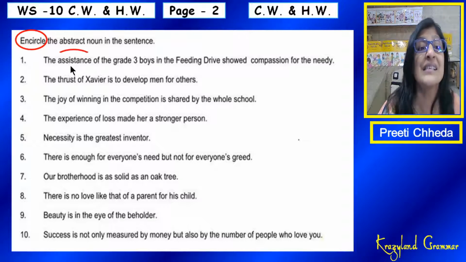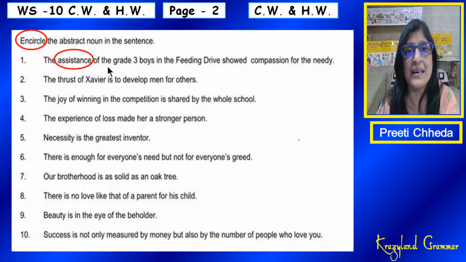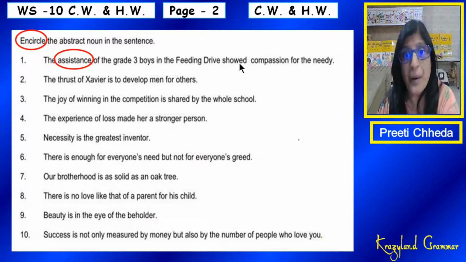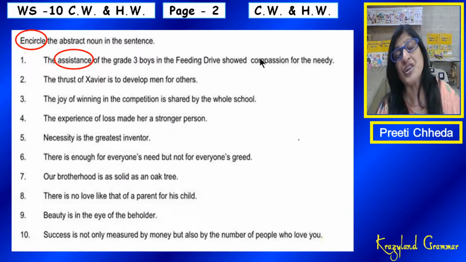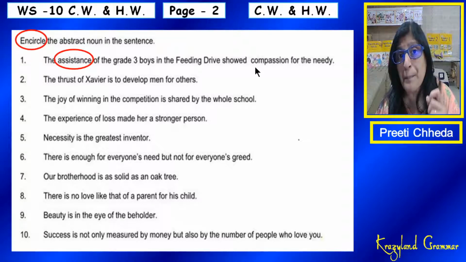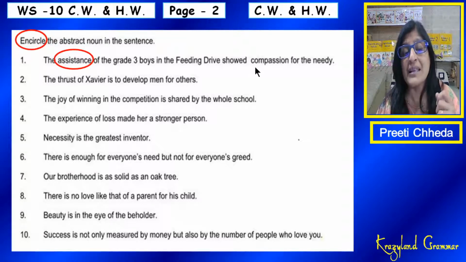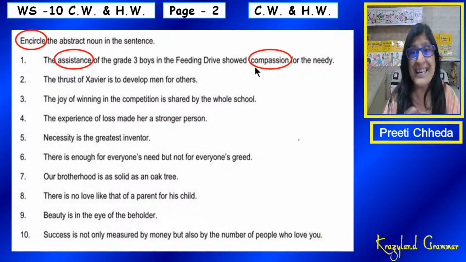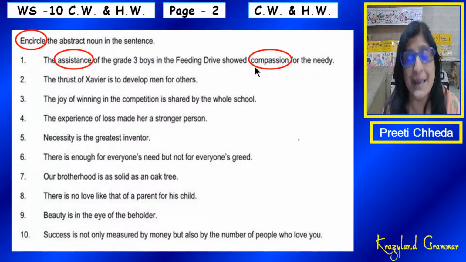Of, no, the, no, grade, no, 3, no, boys, no, in the feeding drive, no, showed is a verb. Compassion means pity. Parents generally have compassion for their children. That is called pity, what you showed to them, and they showed compassion for the needy, the ones who are poor. They are called needy.